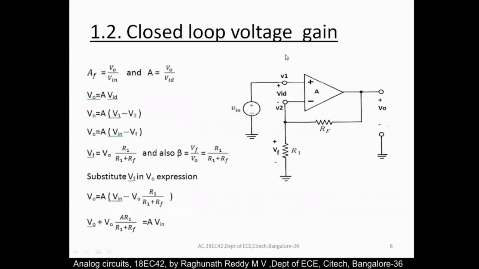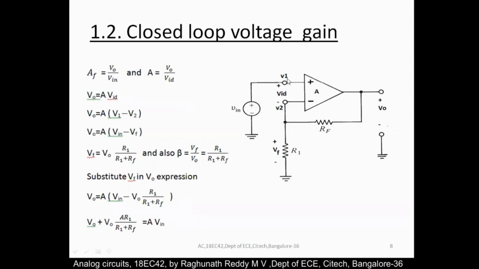Next, let us calculate closed loop voltage gain AF when A is finite. AF is nothing but overall closed loop voltage gain V0 by V in. Open loop voltage gain of op-amp alone is V0 by VID. From this expression, V0 equal to A times VID.